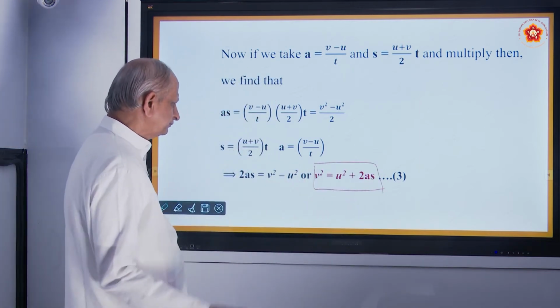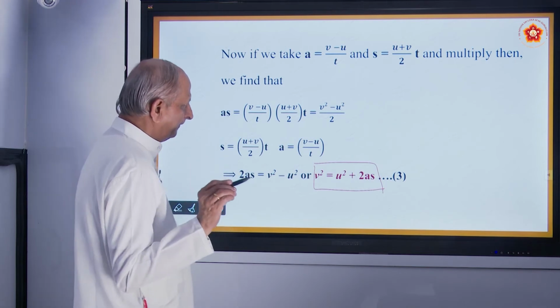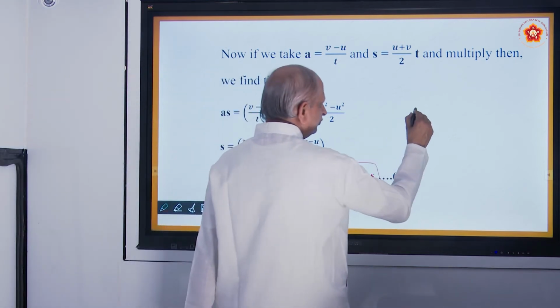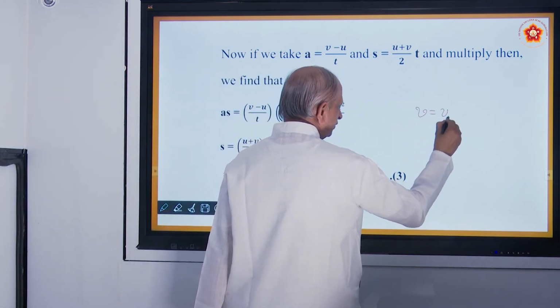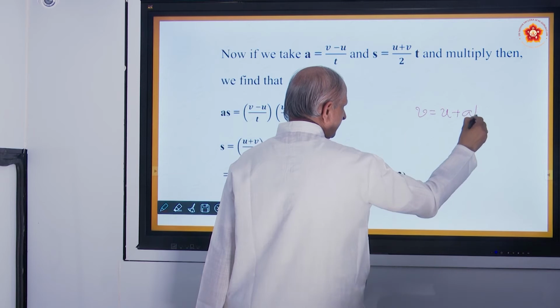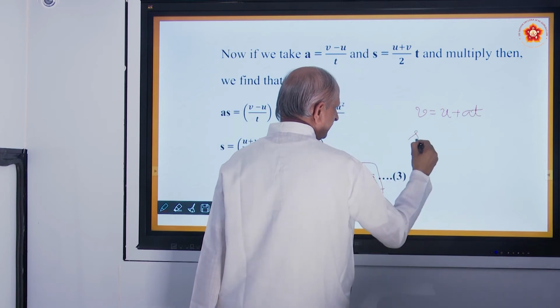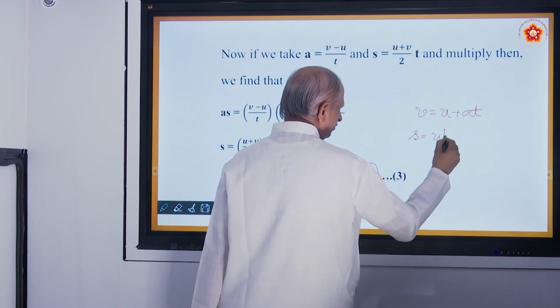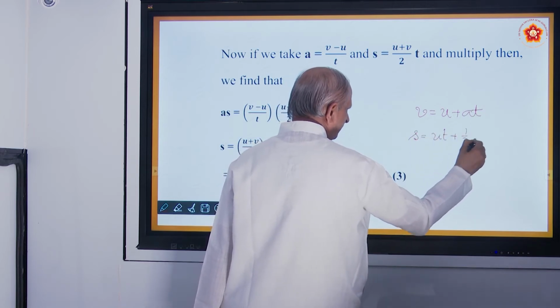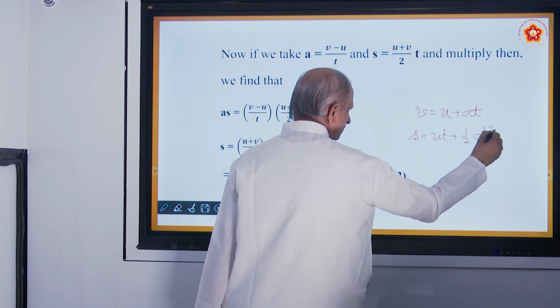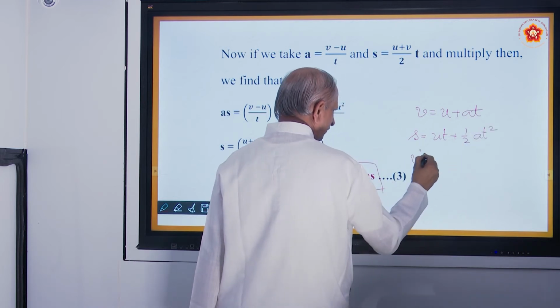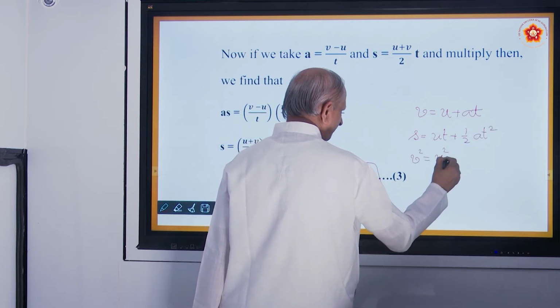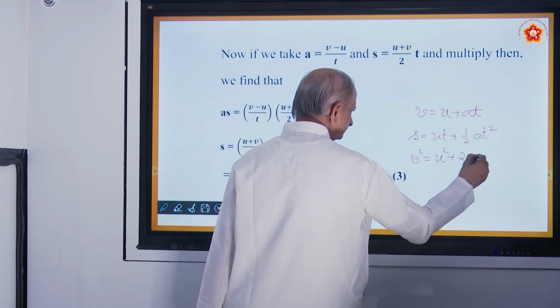So don't forget all the three very important formulas. First one is V is equal to U plus AT. Second one is S is equal to UT plus half AT square. Third one is V squared is equal to U squared plus 2AS.